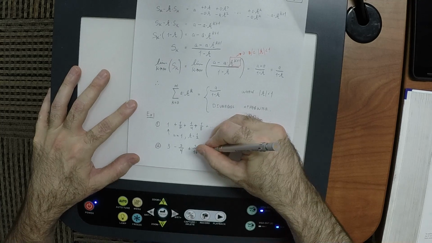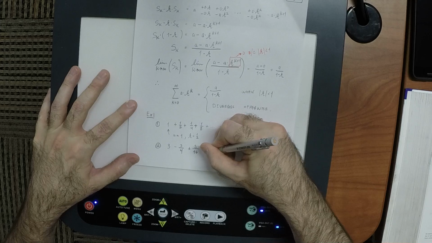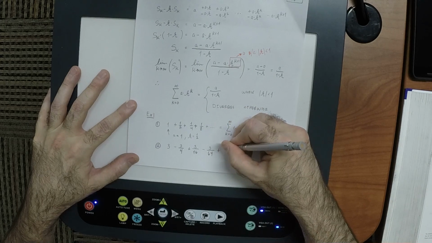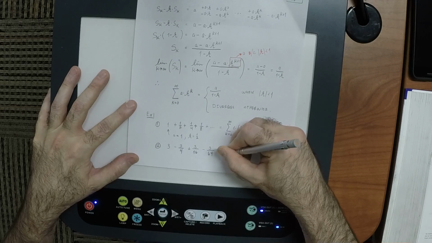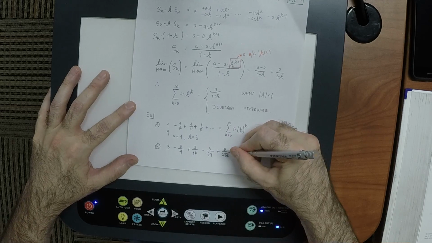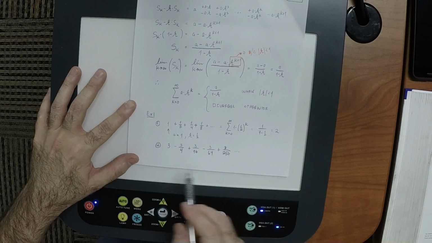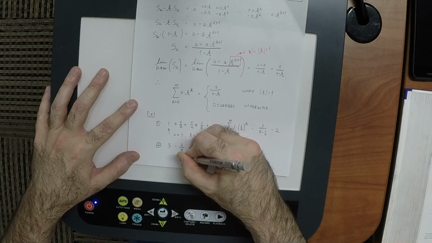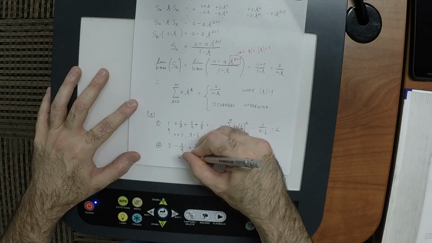And then we're going to take away 3/64, and then we're going to add 3/256ths. That's a hard word to say. Dot dot dot. So this is geometric. So what's the first term? 3.